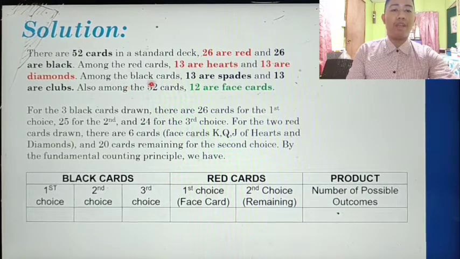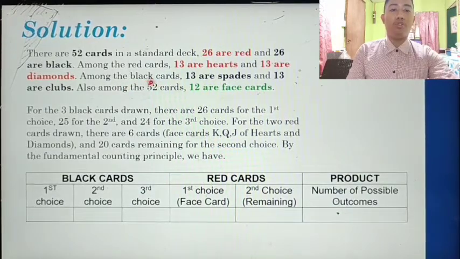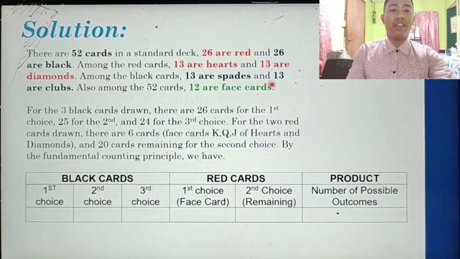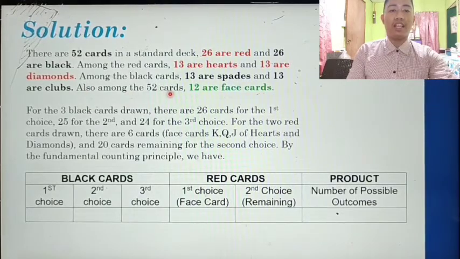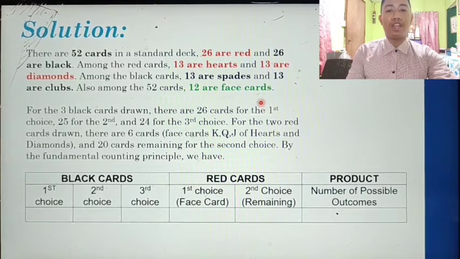Among the 26 black cards, there are 13 spades and 13 clubs. Also, among these 52 cards in the deck, there are 12 face cards. Okay, my dear students, why are there only 12 face cards?